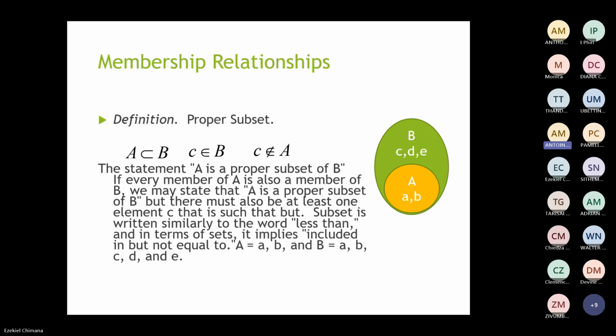A equals A, B, and B is equal to A, B, C, D, and E.